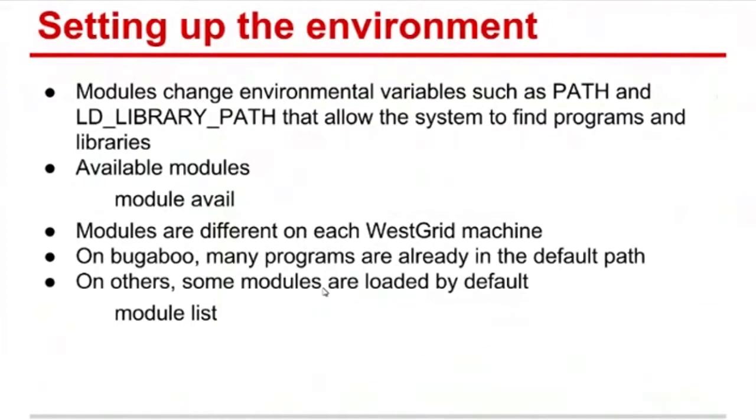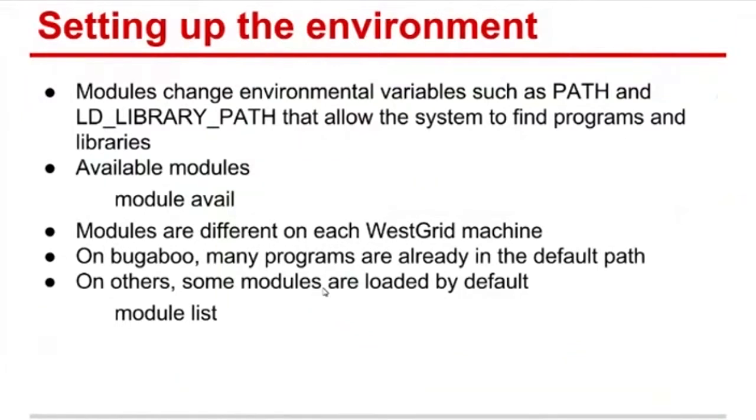What these modules do is to set up environment variables, such as PATH, which tells the system where to find programs, or LD_LIBRARY_PATH, which allows the system to find libraries. On any WestGrid system, you should type module avail to see the available modules, and you should do that on every system because every system has different modules.